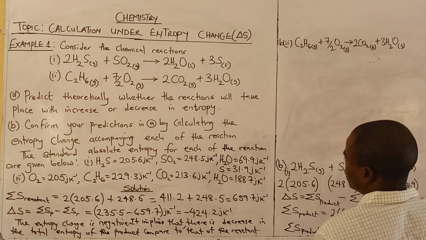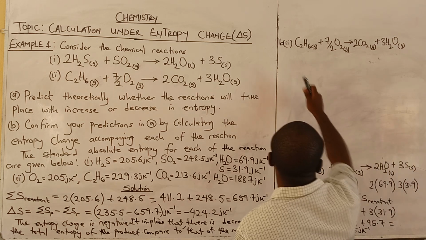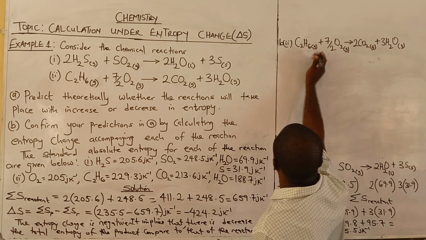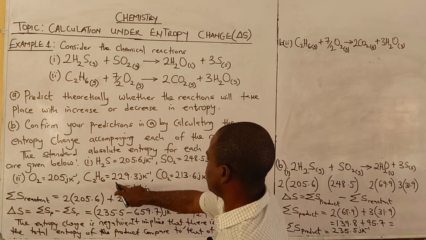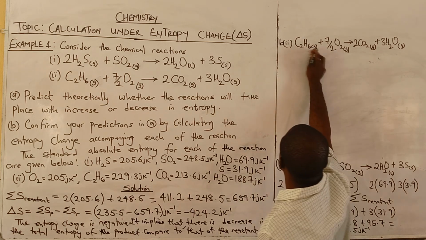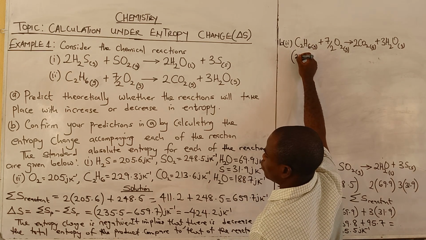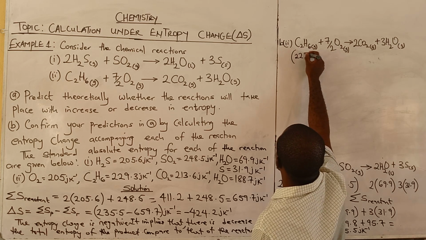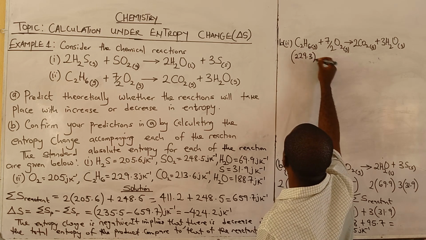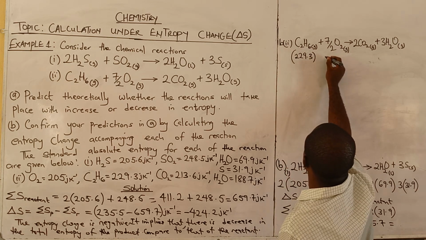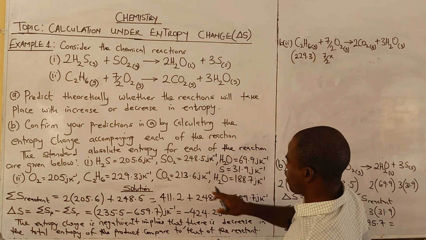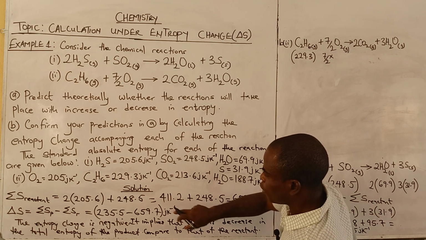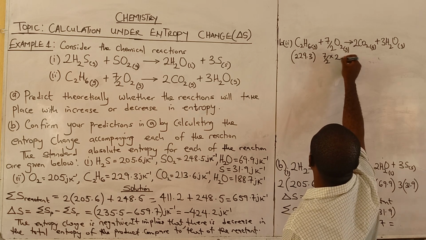Under ethane, you have 229.3. Under oxygen, you have 7/2 times the oxygen molecule, 205.